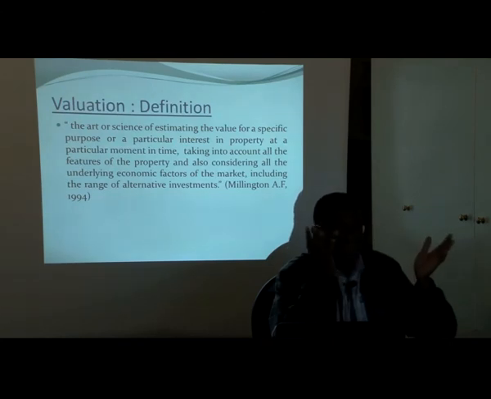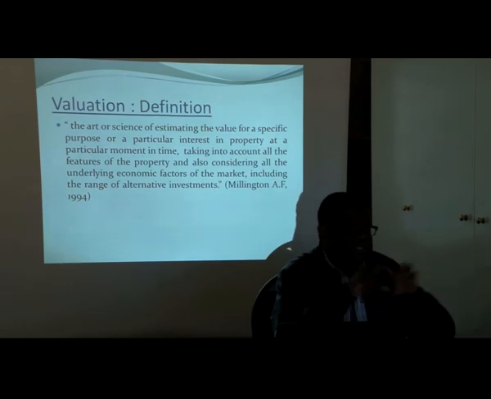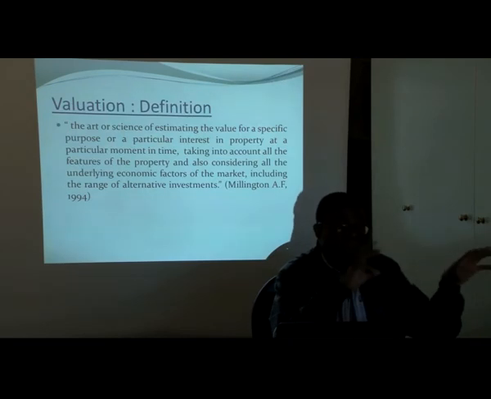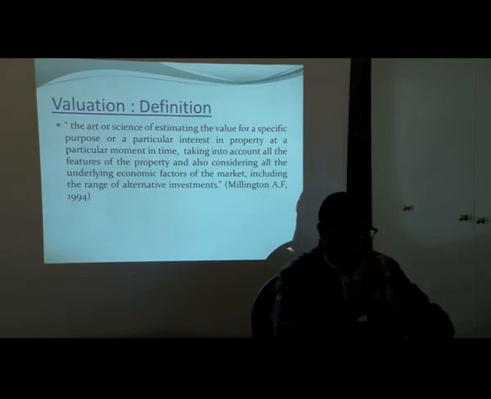Normally, the theoretical range that's given, plus or minus 10% in differences in value, is acceptable. But if it is beyond that, then probably one of us may have missed something. But a margin of error of plus or minus 10% in valuations is quite acceptable.